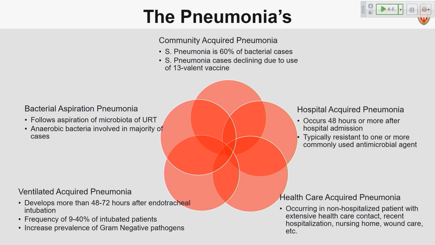But overall, Strep pneumoniae cases are on the decline, and a lot of that is associated with the use of vaccination practices with a 13-valent vaccine.